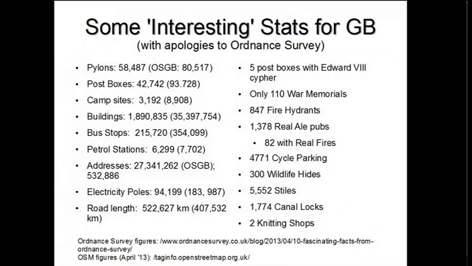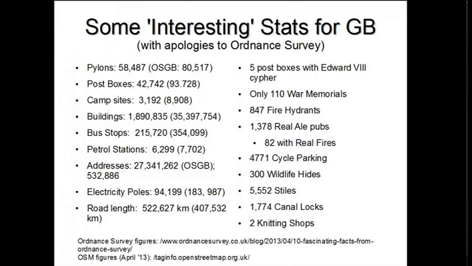And this was a simple example where I pulled stats principally out of Tag Info, because the Ordnance Survey, the British National Mapping Agency, had put on their blog a set of figures about things, and I thought, well, it would be amusing just to reproduce the same sort of figures from OpenStreetMap. And this was very easy to do.